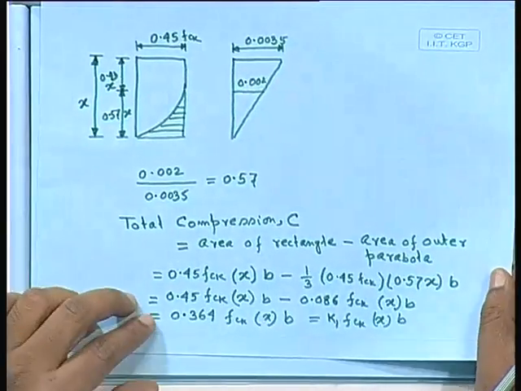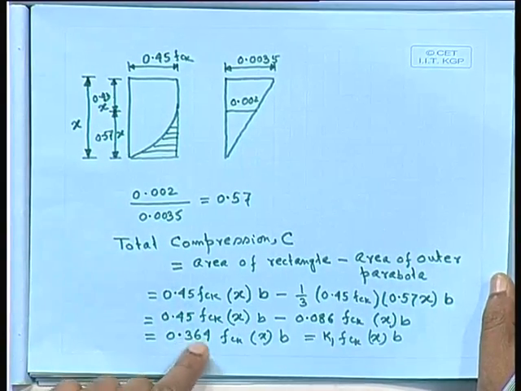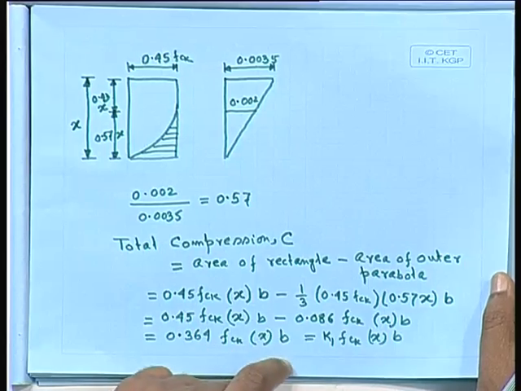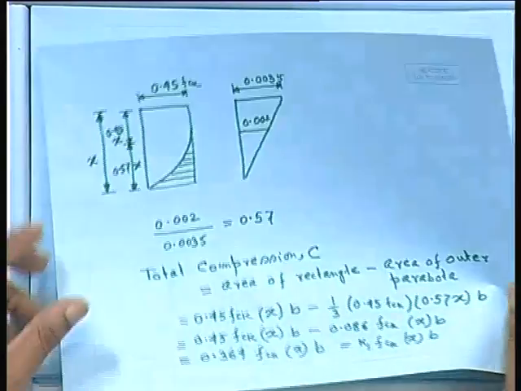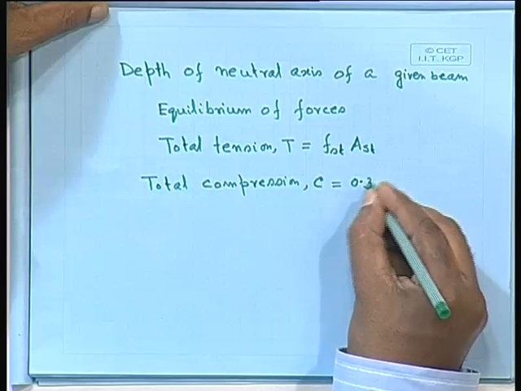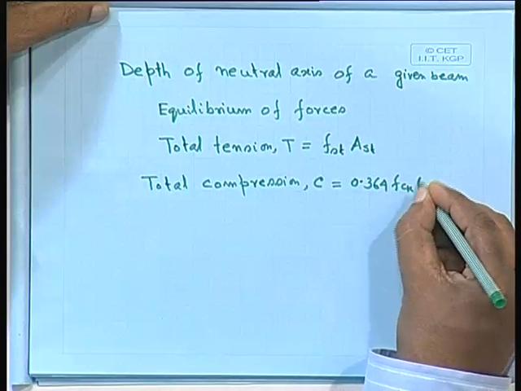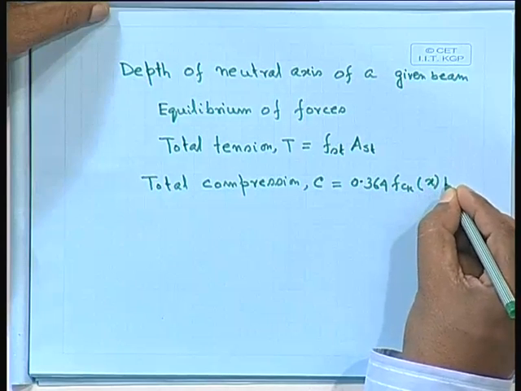we have derived here to show you total compression C equal to 0.364 FCK XB. So, let me copy it here: 0.364 FCK XB.